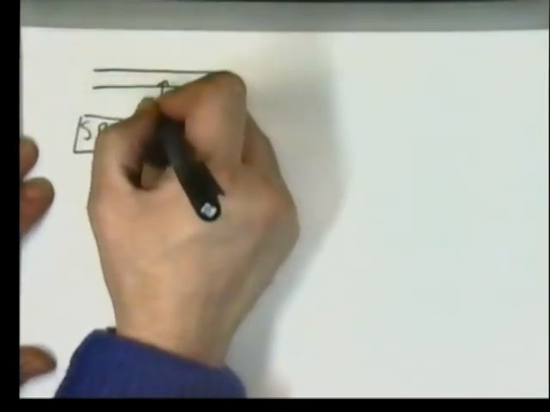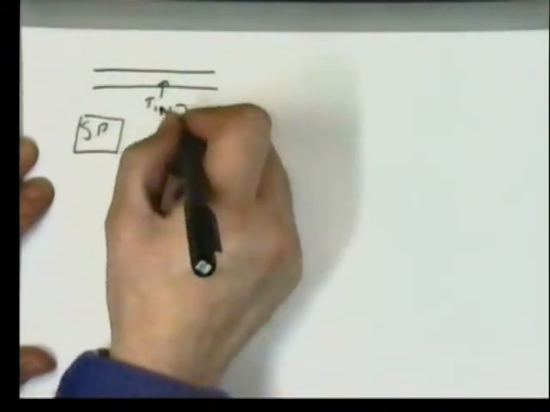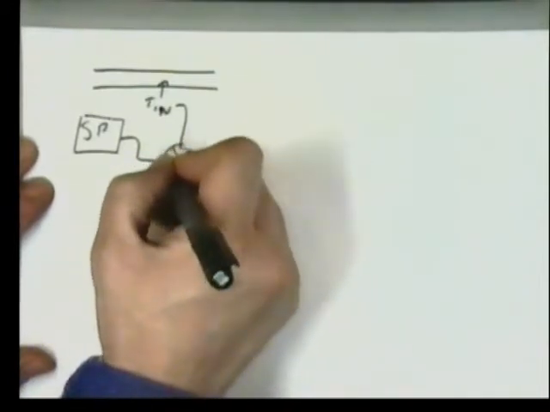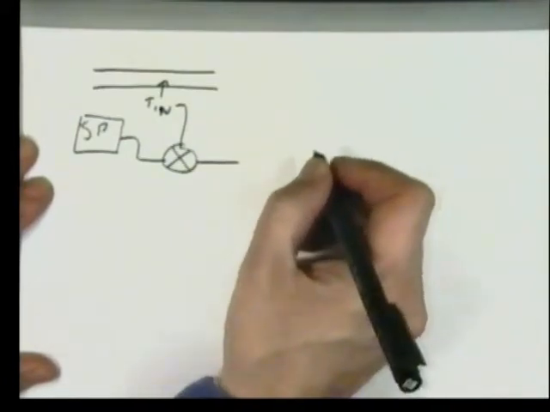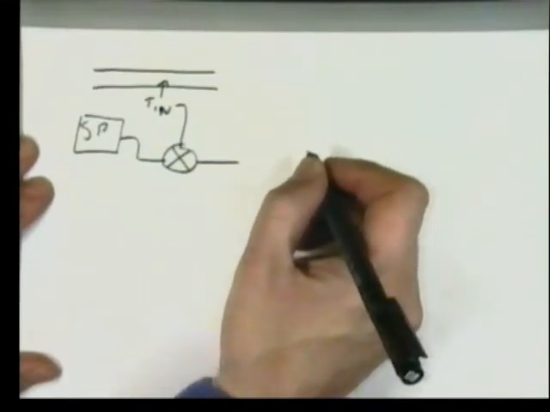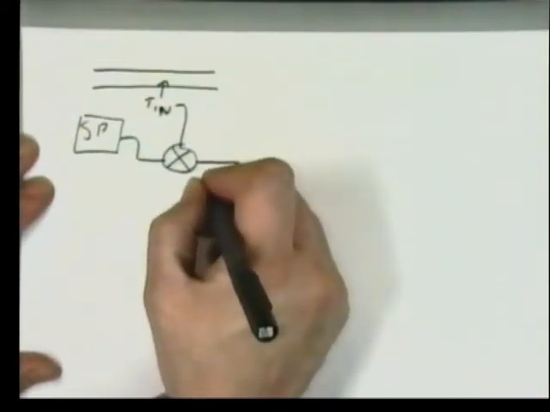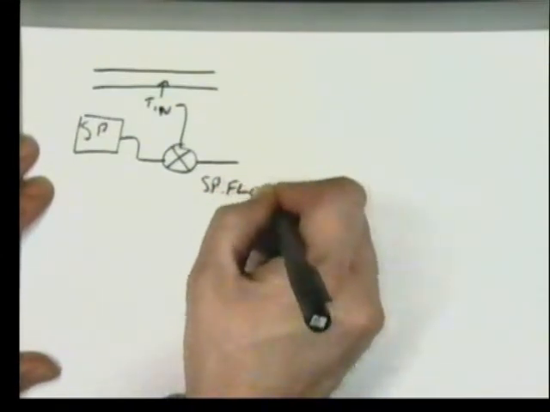We have a temperature sensor that measures the input temperature. From that, with knowledge of the actual heating element, its power, the geometry of the pipe, we were able to calculate a new set point for the desired flow rate.